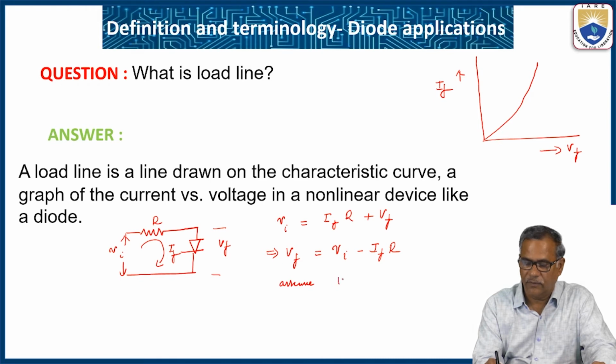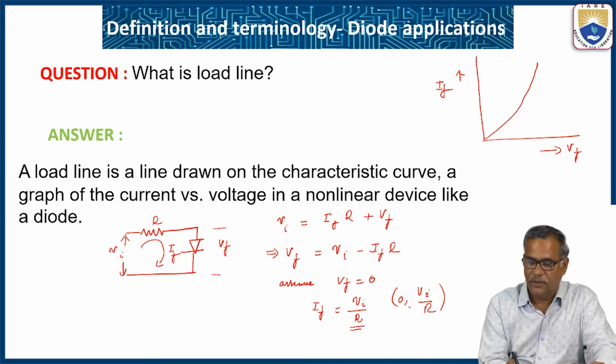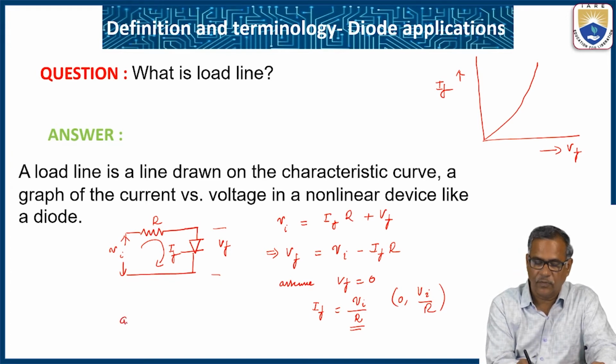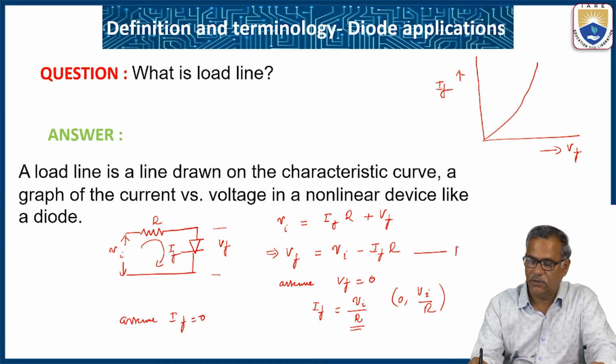Now let us assume that Vf is equal to 0. So if Vf is equal to 0, what do we get? If is equal to Vi by R. So you have got one point. What is the point? 0, comma Vi by R. Next, you assume If equal to 0.